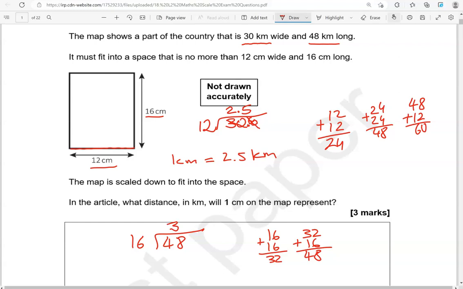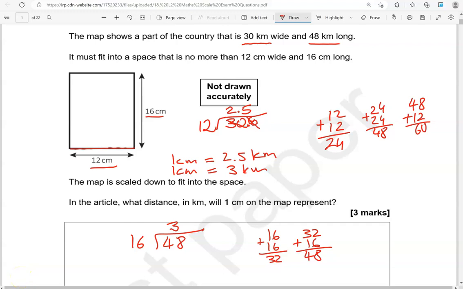So if we fit the whole 48 kilometers into 16 centimeters, we have 1 centimeter is equal to 3 kilometers along the length.